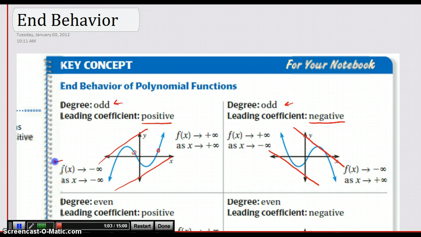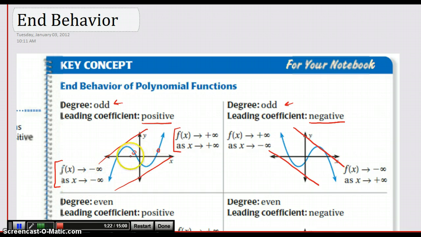And this little note over here and here is just saying that f of x, remember f of x is y, so y is decreasing. This negative infinity just means it's getting less and less and less, closer to negative infinity, as x decreases.